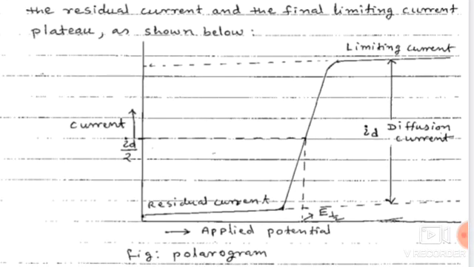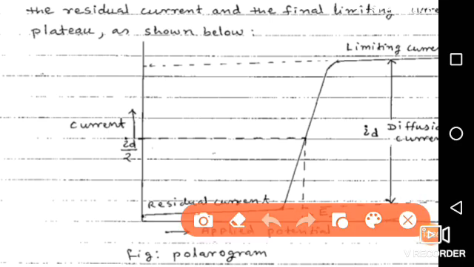See here, this is the half wave potential, the half of the curve between the residual current and the limiting current.